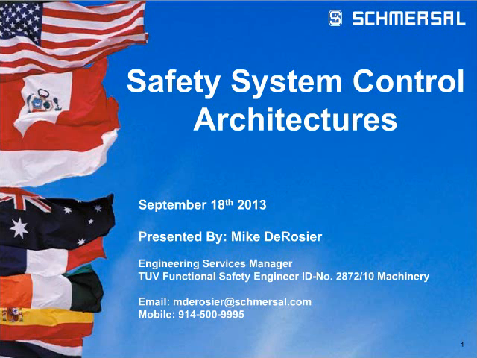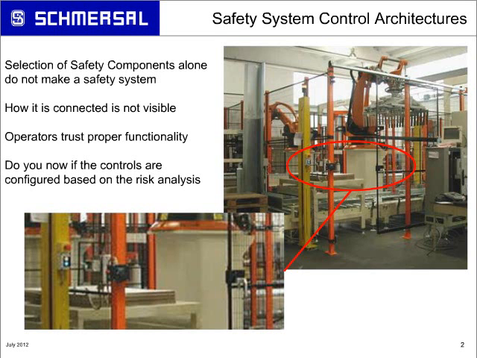When we look at a machine, we can't just go by the safety components. I think we all know that selecting proper safety rated components to put on the machine is definitely going to improve your safety reliability on the machine, but you can't just stop at the component selection. There's more to it behind the scenes, the wiring and how it's connected.